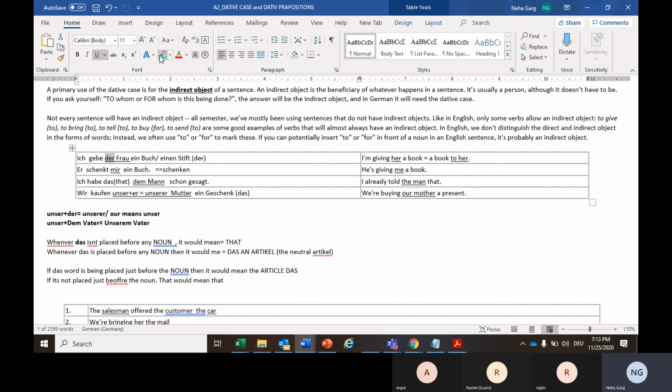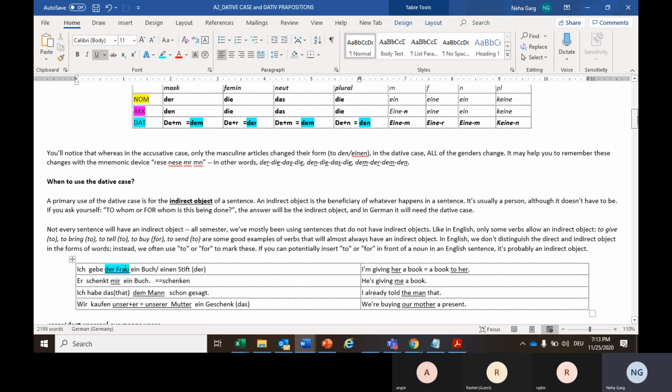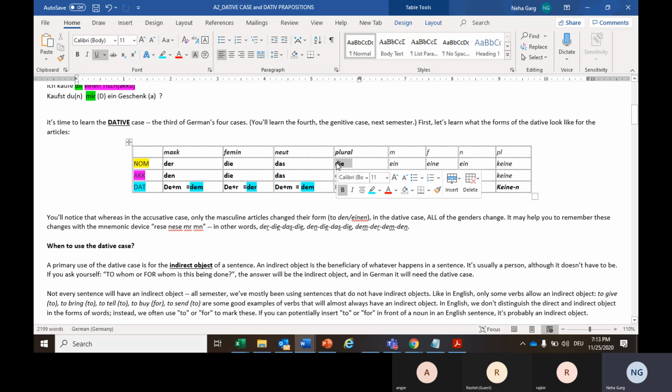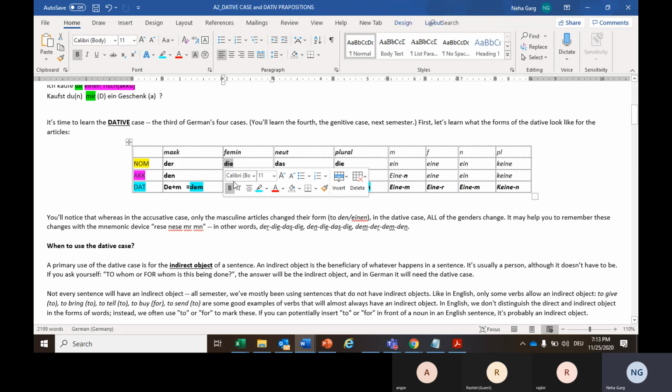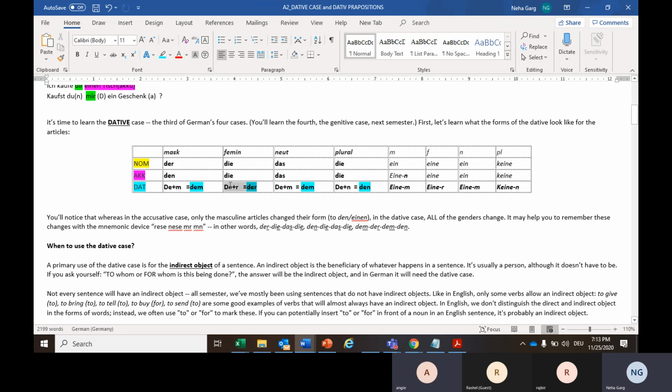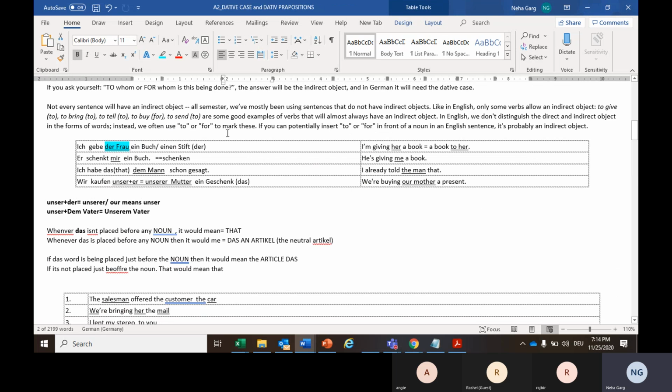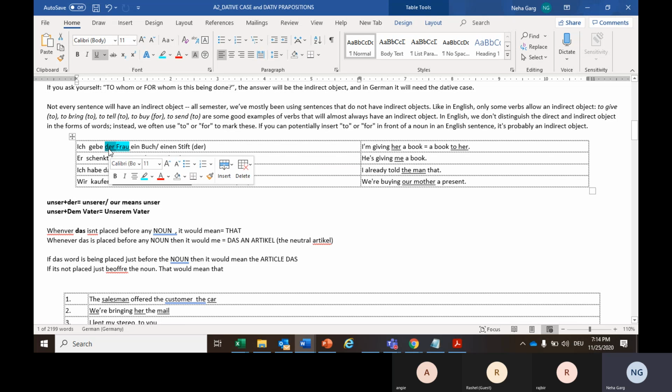So now, just see this. Die Frau, we all know that, right? And since Frau here is in the dative case, the die will change to der. So that is why for Frau we have kept der here.